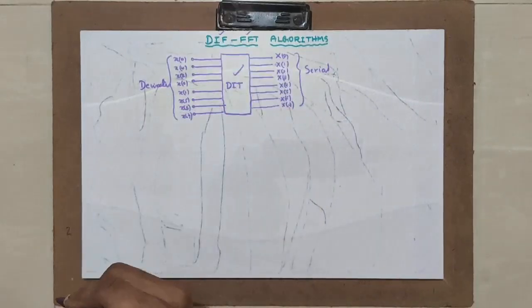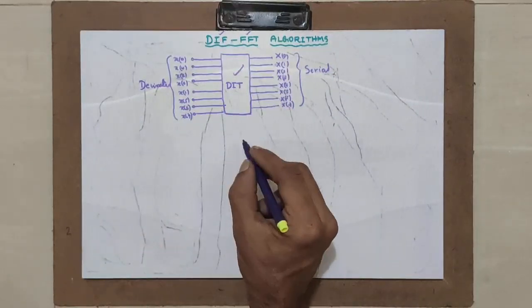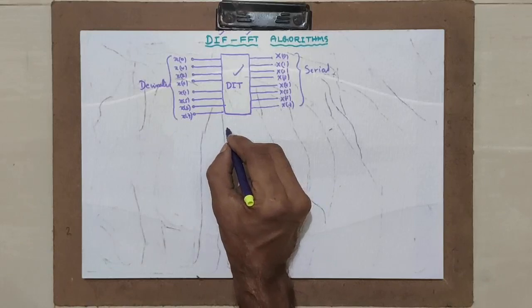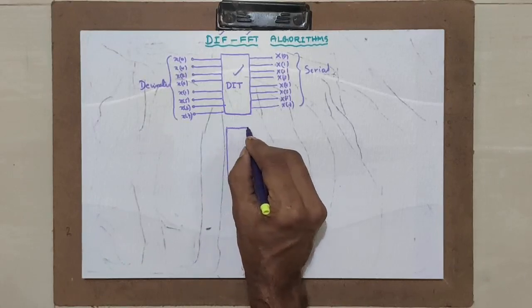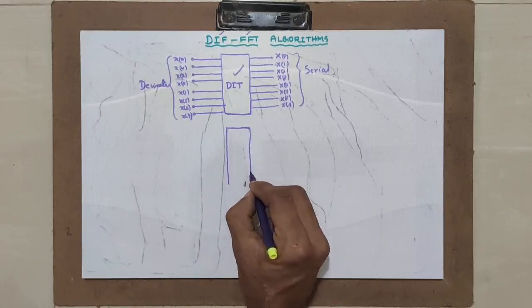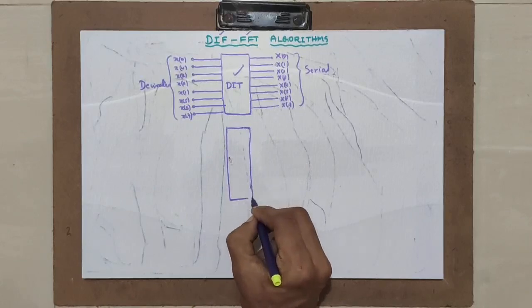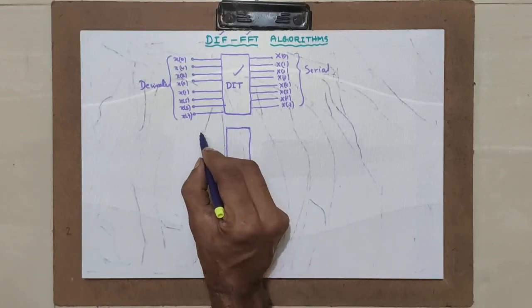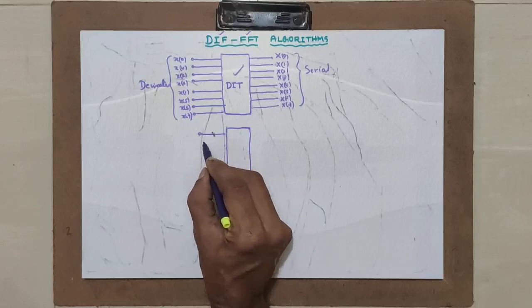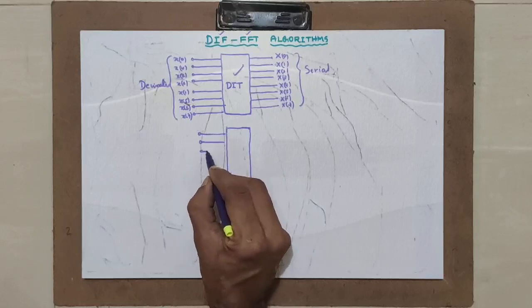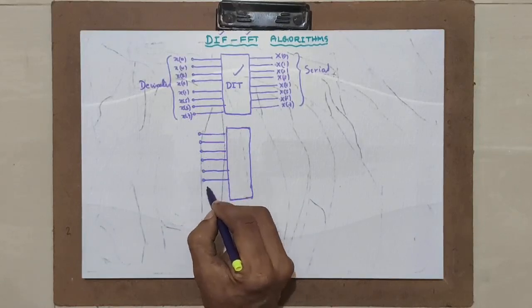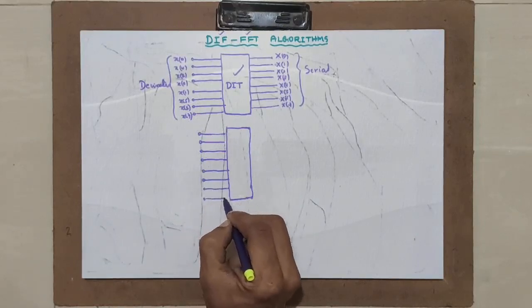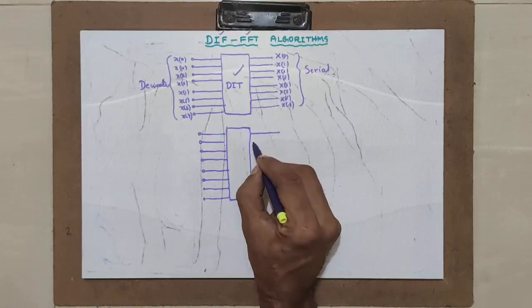What about DIF? In DIF, the things get reversed. Whatever was on the output side comes to the input side, and the input goes to the output side. That means the algorithm looks like this: 1, 2, 3 and 4, 5, 6, 7 and 8, and outputs.